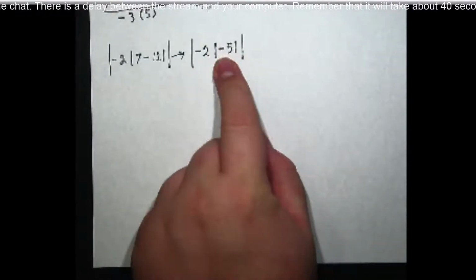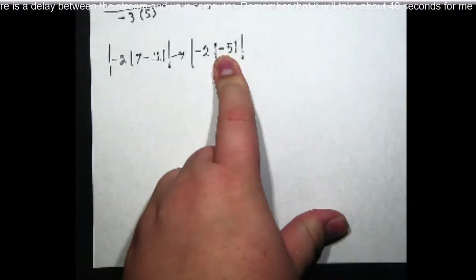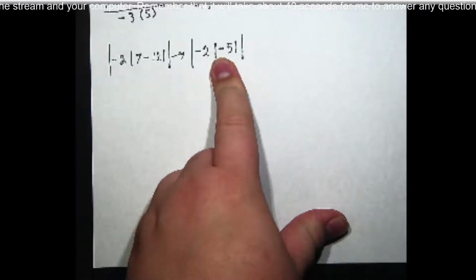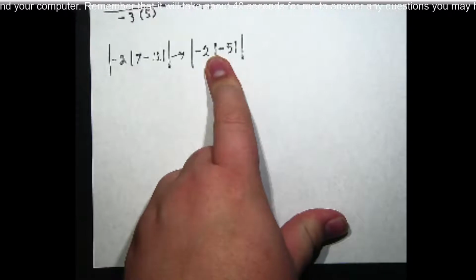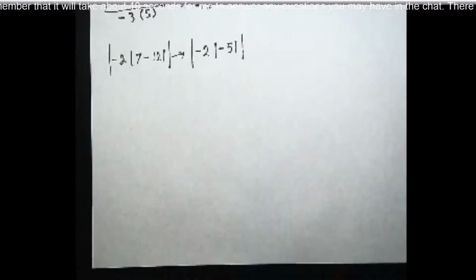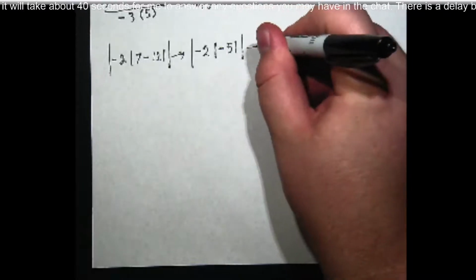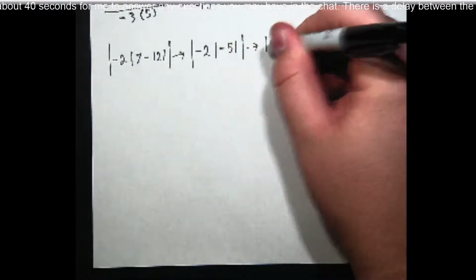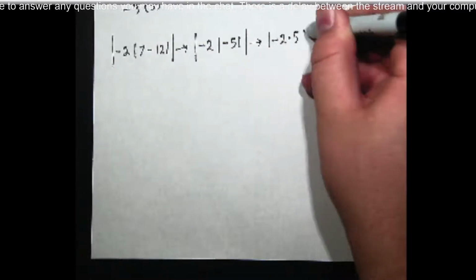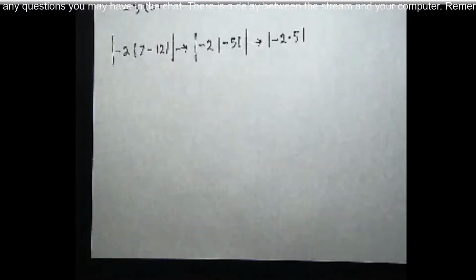Okay, so we can go ahead and take this absolute value now. Absolute value of negative 5 is what? 5. But when we rewrite our expression, we need to make sure that we see we're still multiplying negative 2 times 5. Does that make sense? Okay.